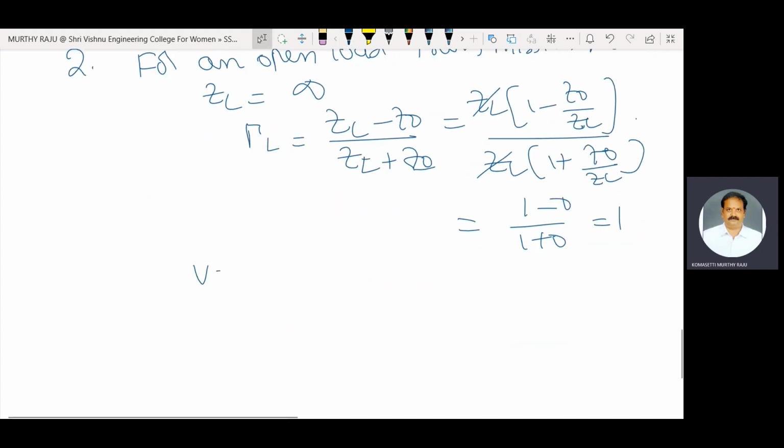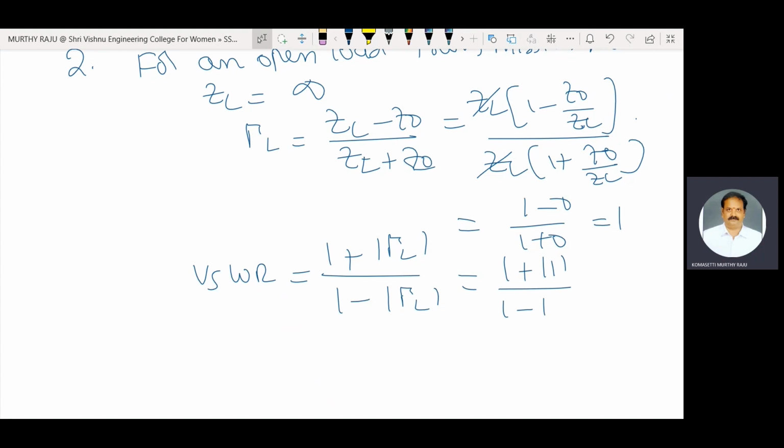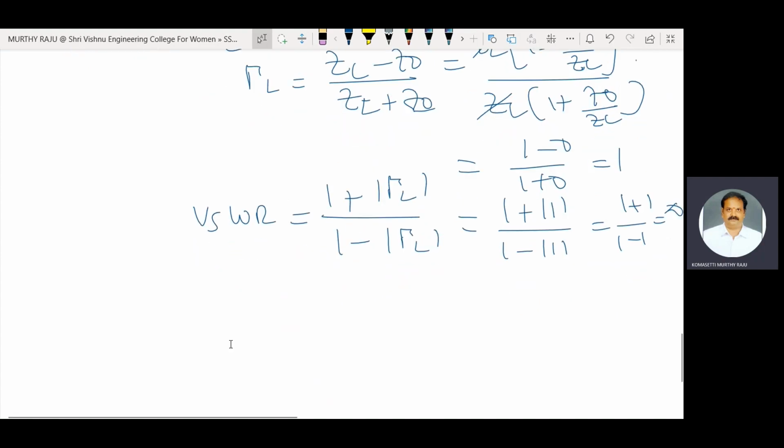Find out the standing wave ratio. VSWR is equal to 1 plus mod tau L by 1 minus mod tau L, that is equal to 1 plus mod 1 by 1 minus mod 1, that is 1 plus 1 by 1 minus 1, which is infinity. VSWR, V maximum by V minimum, is equal to infinity for open circuited load condition.